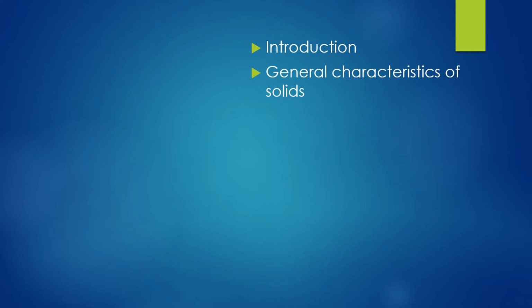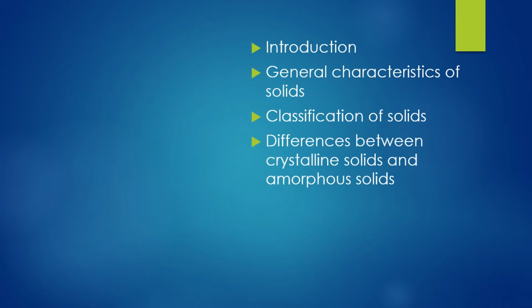The first slide explains the general introduction of solids, and the next one speaks about the general characteristics of solids. The next one goes with the classification of solids, the different types of solids, like crystalline solids and amorphous solids.